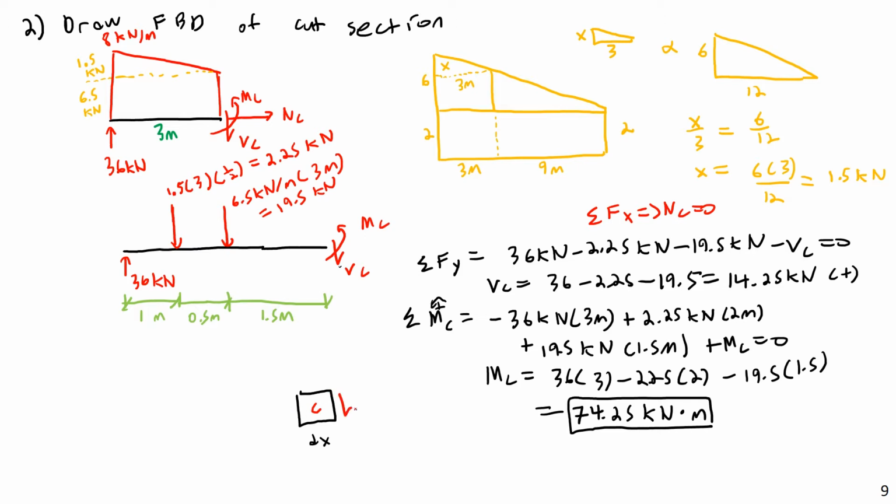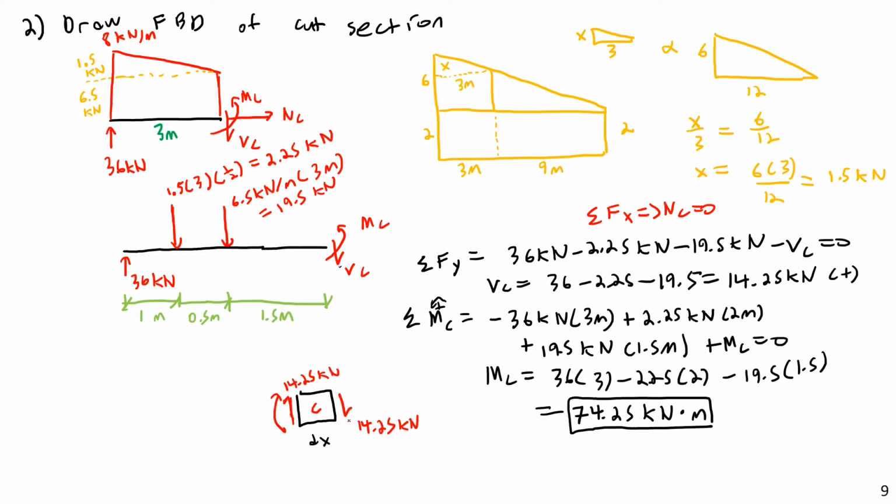I would basically have a downward shear arrow of, let's see, that would be 14.25 kilonewtons, and upward on the left of also 14.25, this being the state of positive shear. Then I would have positive moment on both sides.